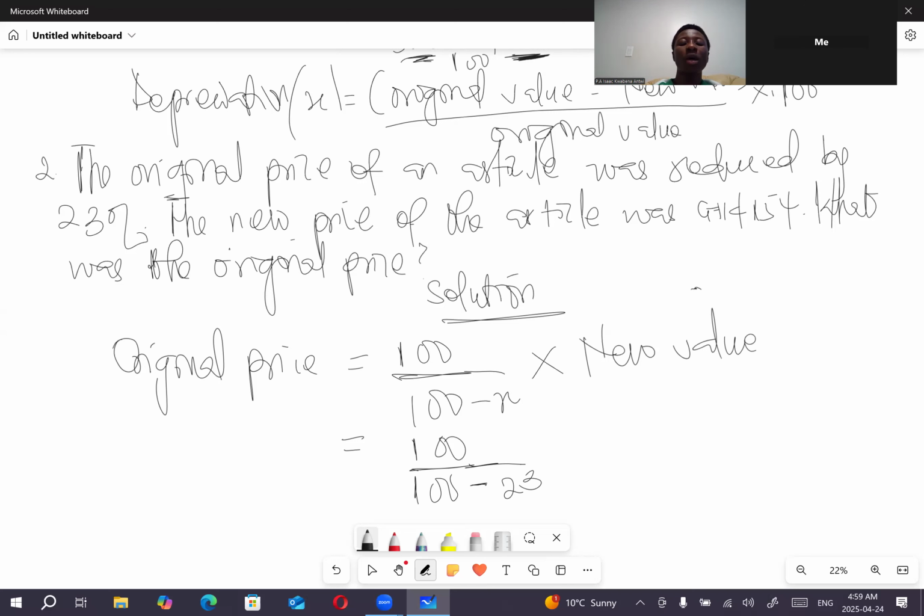And it's through that formula we generated all of these. So don't bring the percent. Times new value. In the question, the new value was what? One what?